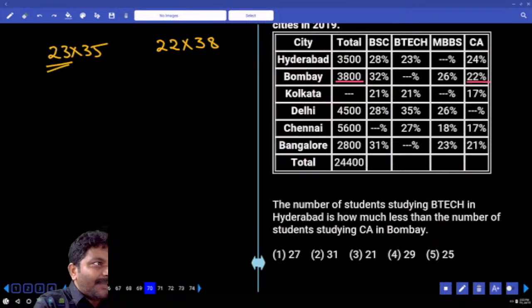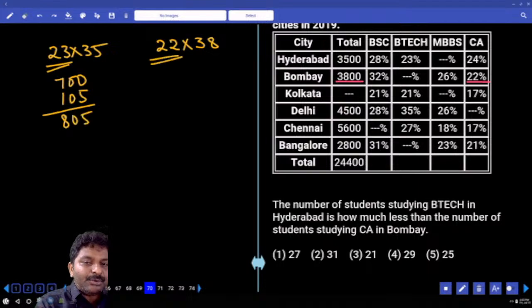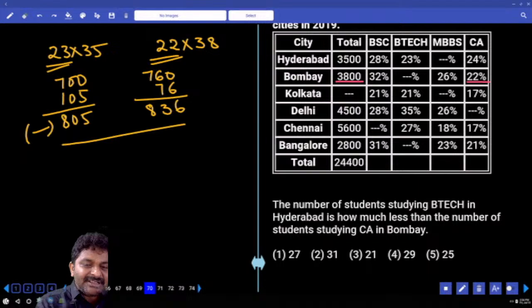Can I go with 20 times plus 3 times? 20 times of 35, 3 times of 35, both together. 22 times, 20 times plus 2 times. 20 times is 760, 2 times is 76. Both together 836. From 805 subtracted, the answer is 31 or 21? 31.